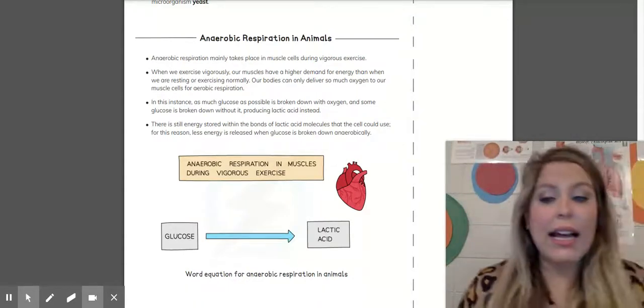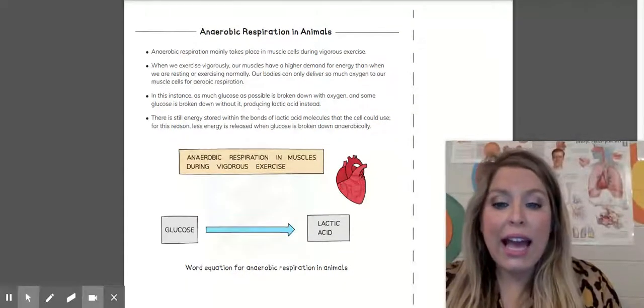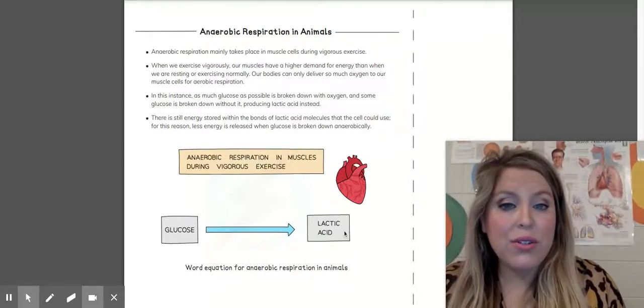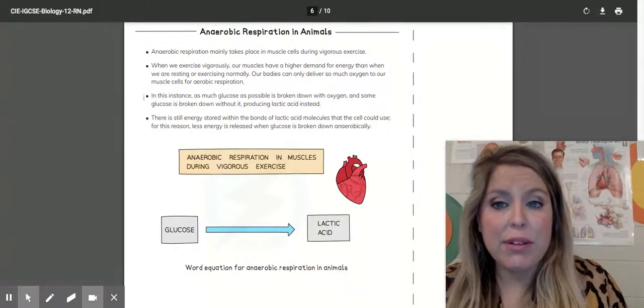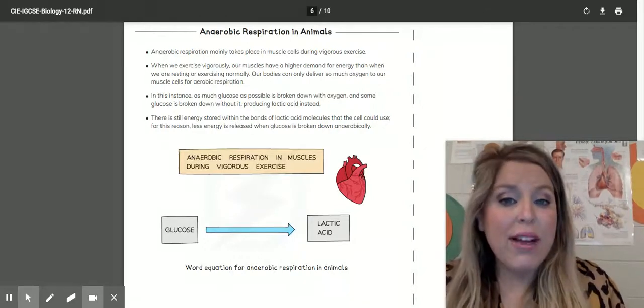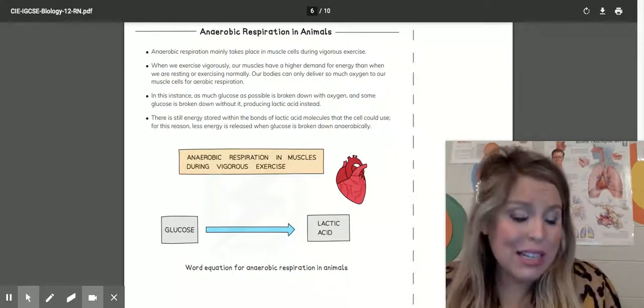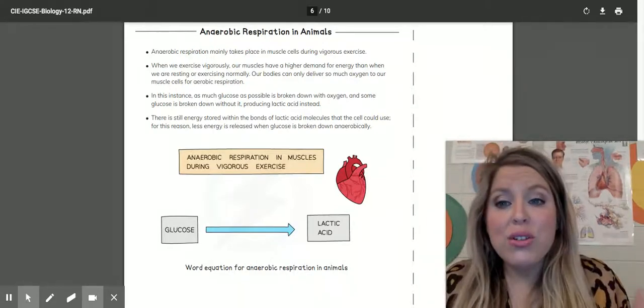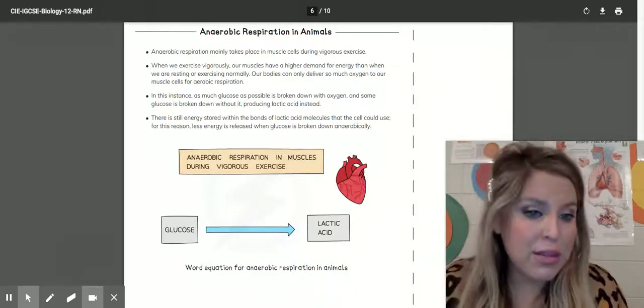When we look at that equation, glucose is going to be broken down into lactic acid for anaerobic respiration in animals. So this would occur when we are doing vigorous and heavy exercise because our muscles have a higher demand for energy than when we're resting or just exercising normally. So we cannot deliver enough oxygen to our muscle cells for aerobic respiration to take place.